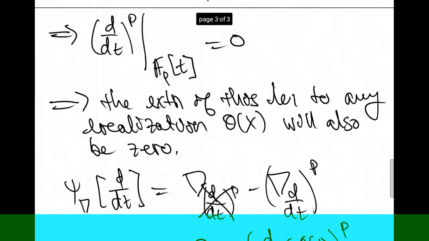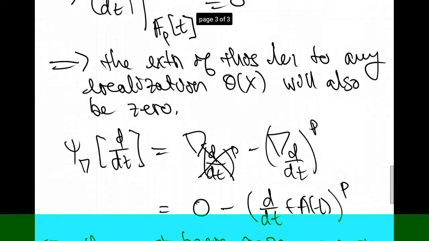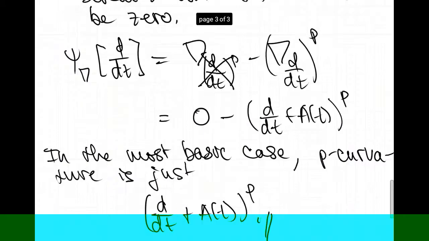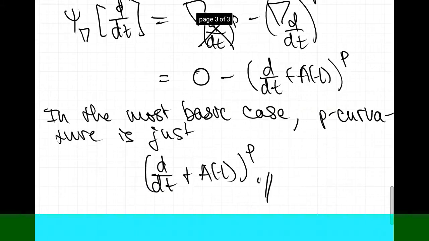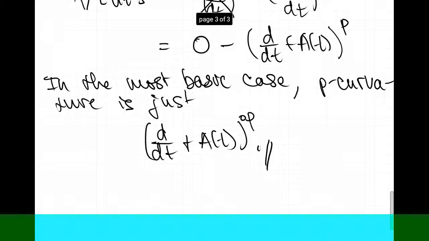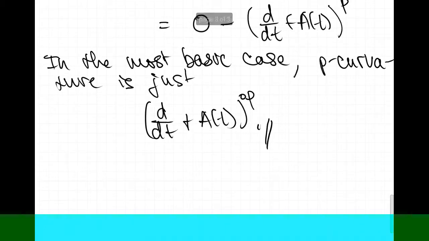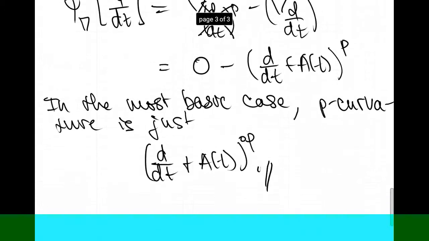So when we break down the definition here, what we get is this operator where we've composed our other operator with itself p times, this normal differential operator here. Okay, and so that's what P-curvature is in the most basic case. Now I'm going to move to just prove some basic properties of P-curvature.